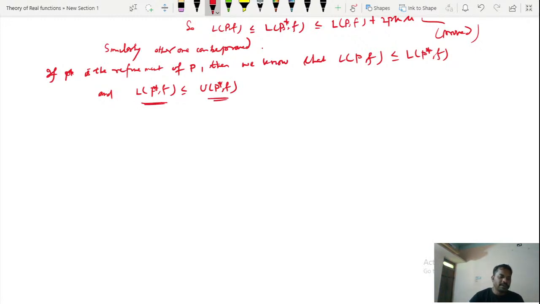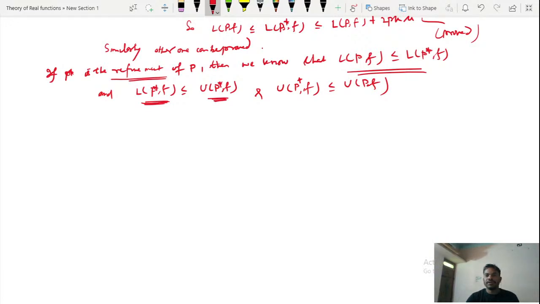Also, if P star is a refinement of P, then LPF is less than or equal to L P star f, and if P star is any partition, then L P star is less than or equal to UP star. And similarly for UPF, UP star f is less than your UPF.